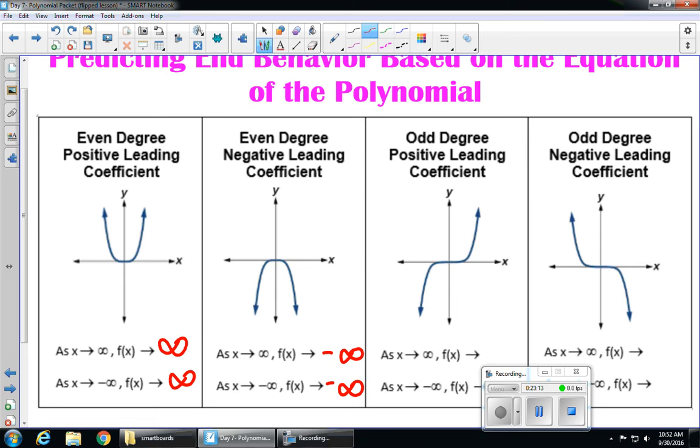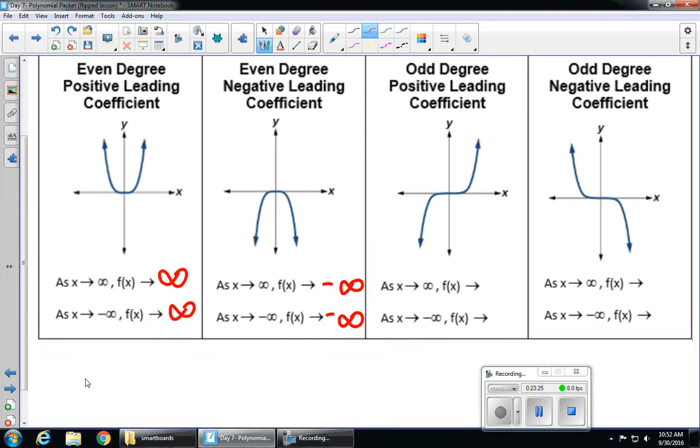So what's important is even degrees always match. They're either both up or both down. Odd degree. Odd is always opposite. So unlike even, where they're both facing in the same direction, odd, they're going opposite directions. One arrow points up, one arrow points down.